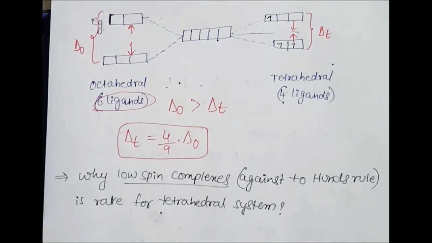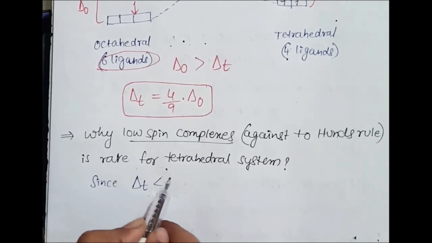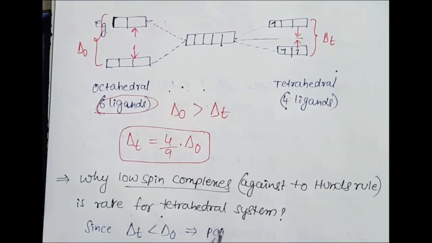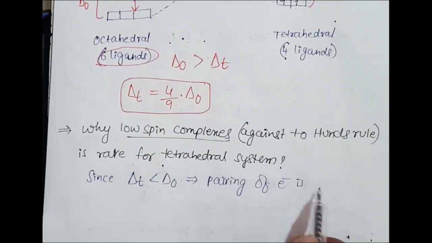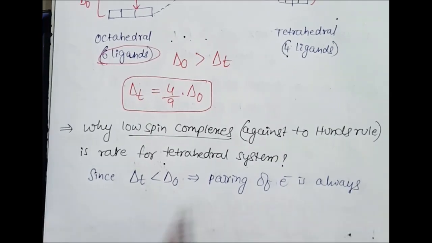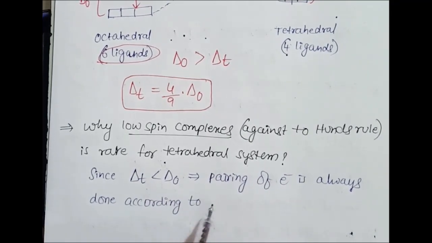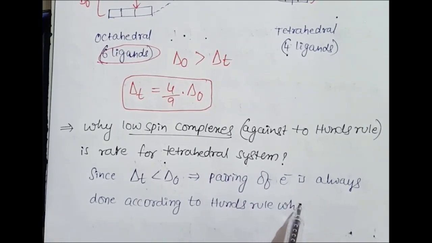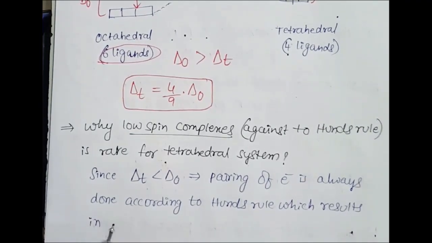So I can explain: here, since del T is less than del O, the energy gap is less, so pairing of electrons is always done according to Hund's rule, which results in a high spin complex.